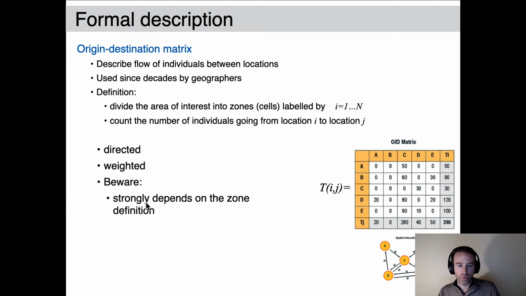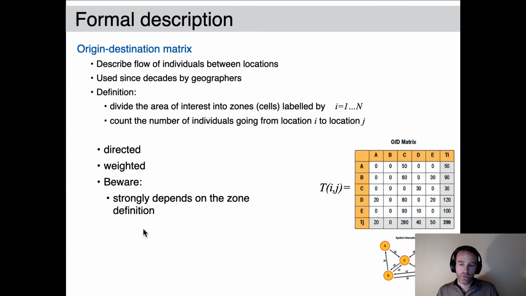You have to be careful because the result, this matrix, will strongly depend on the zone that you have chosen, which is not the case, for instance, when you have a network with clearly defined nodes, such as airports in the dataset I'm giving you for exercises.